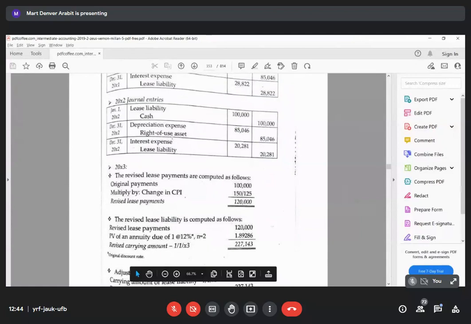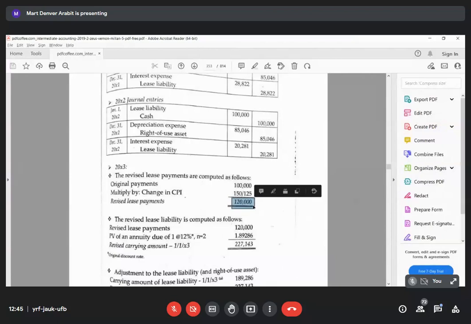So, since there is a change in CPI, specifically a 20% increase from that of 2021, then the lease payment will also increase by 20%. Okay? So, it is 120,000 now. So, we complete it based on the remaining years.